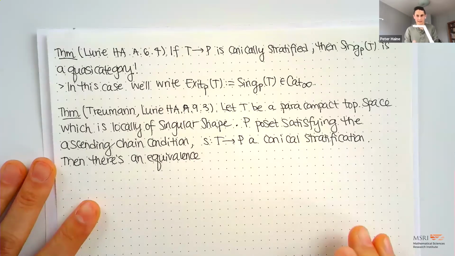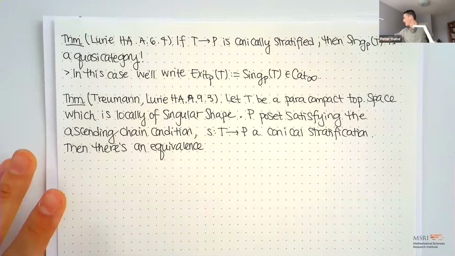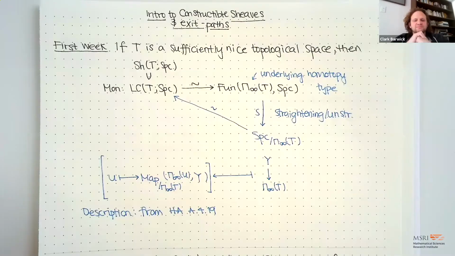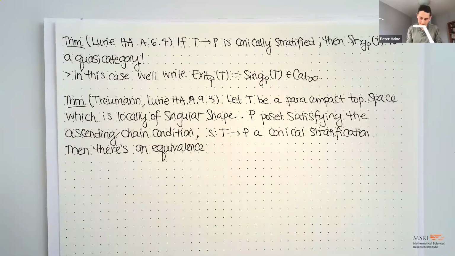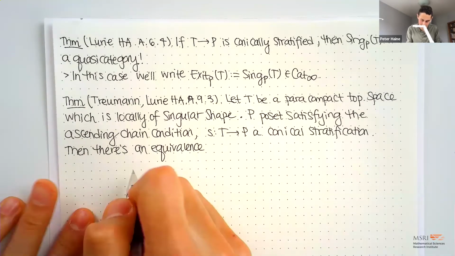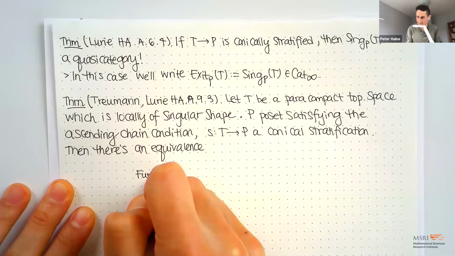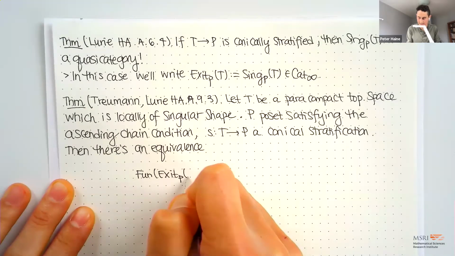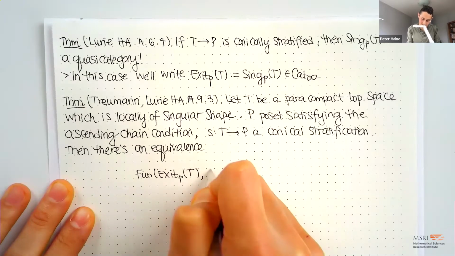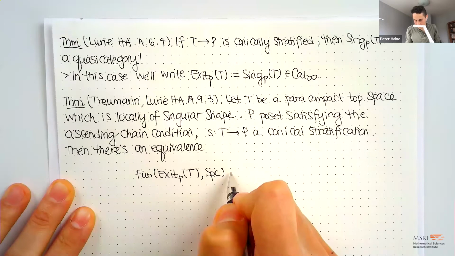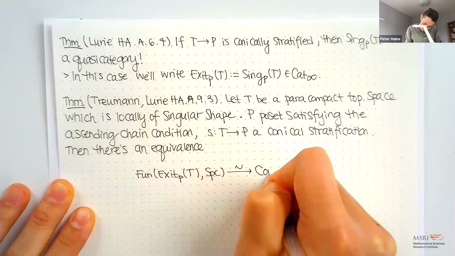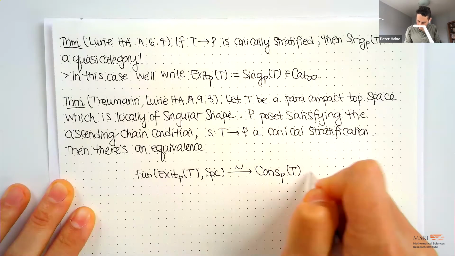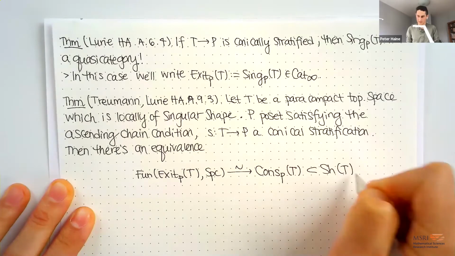There's a reason why I described this functor that way at the very beginning. On the one hand, you have constructible sheaves, but I'm going to write it in the opposite direction of how you might usually think about it. Functors from the exit path thing, that's just P. I'll call it this because I like the name better. It's an equivalence between P-constructible sheaves and functors out of this exit path category, and that's a subcategory of sheaves on T.